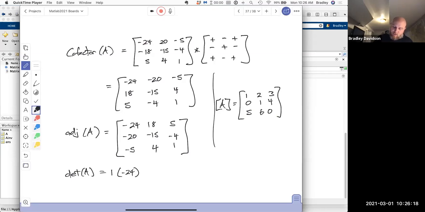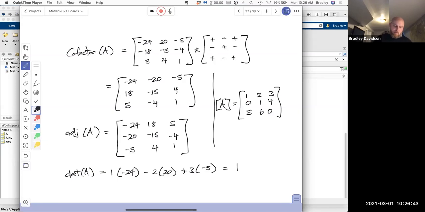And then it's negative 2 multiplied times its minor of 0, 5, 4, 0, which is 20. And then plus 3, and then its associated determinant of the minor is negative 5. When we do the algebra, we get 1.